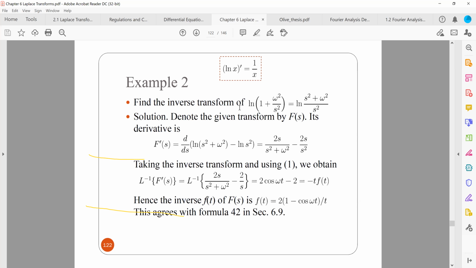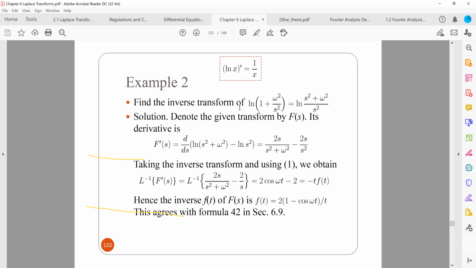So if you differentiate ln after simplifying, you'll have ln of s squared minus a squared minus ln of s.